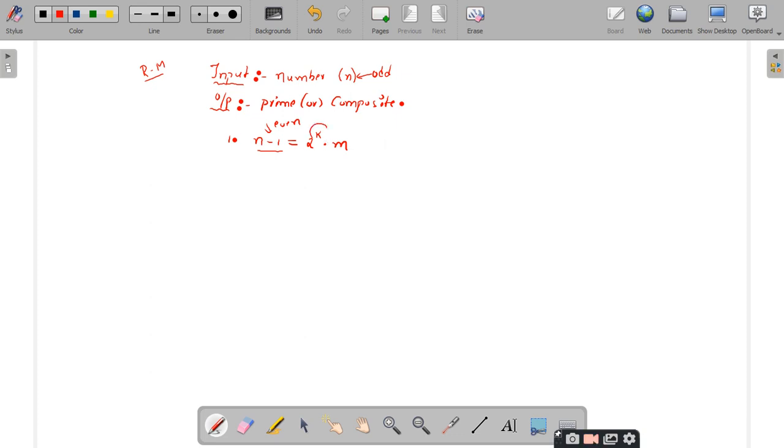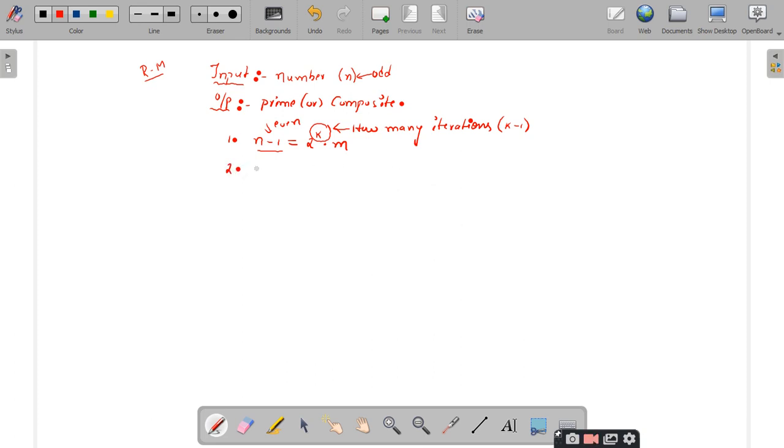So this k value represents how many iterations the algorithm has to undergo. Based upon this value of k, the algorithm iterates those many times, right? So it will iterate for k minus 1 times.